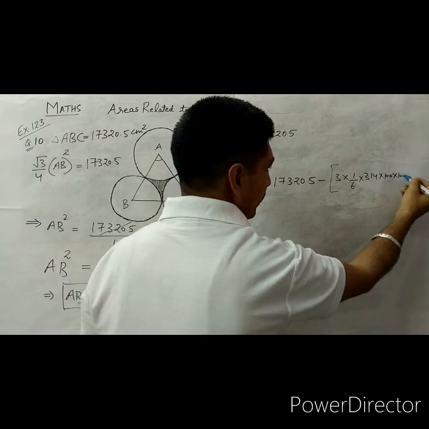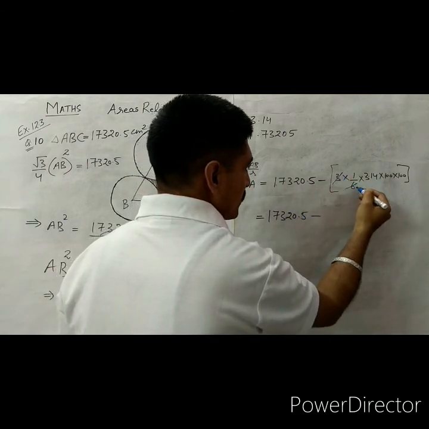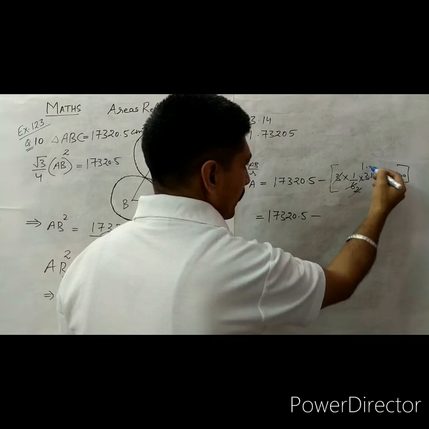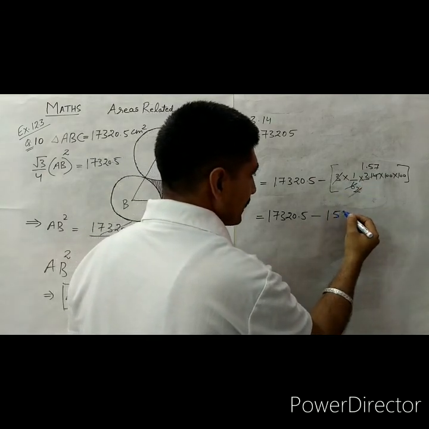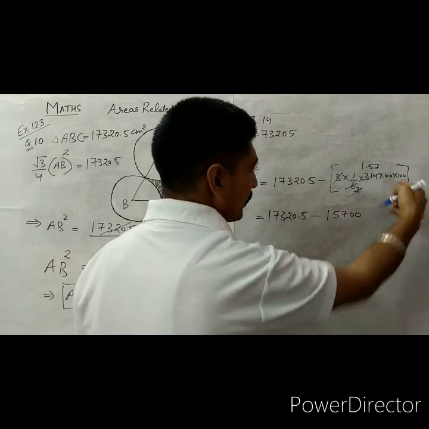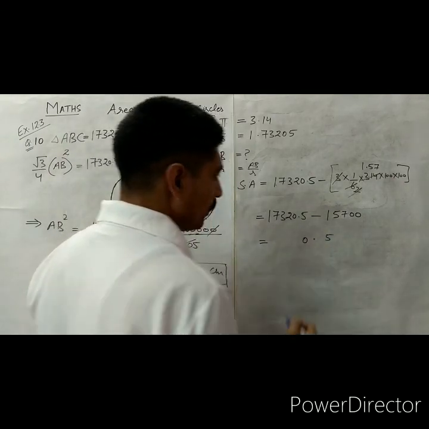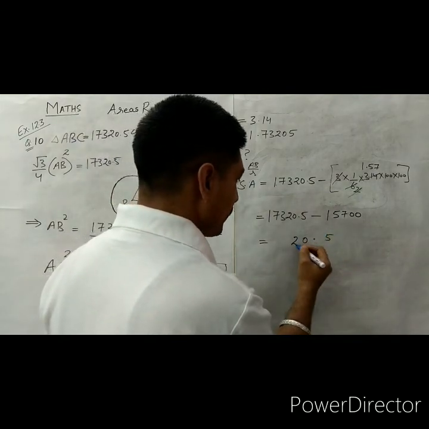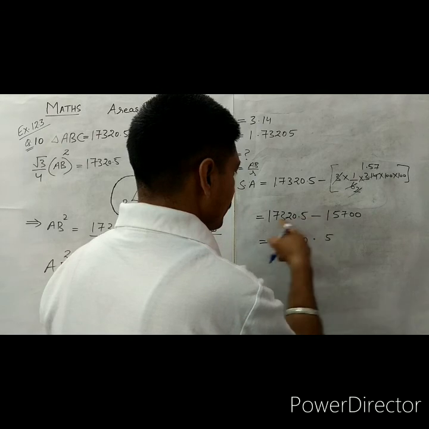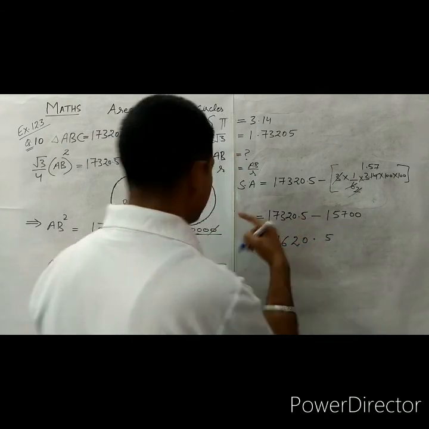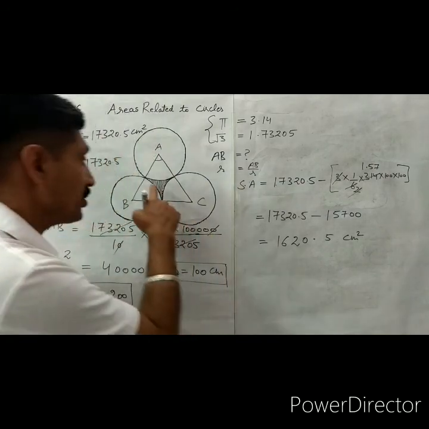This gives 15700 when multiplied. After subtracting 17320.5 minus 15700, we have 1620.5 centimeter square.